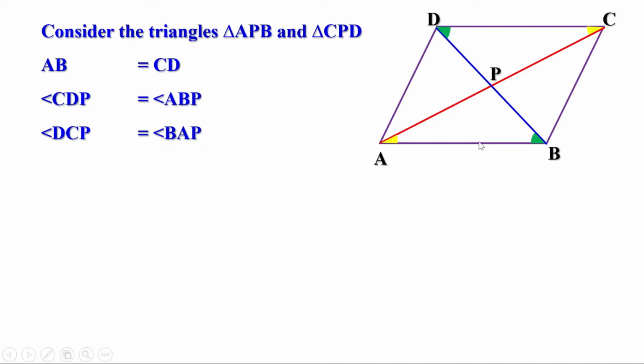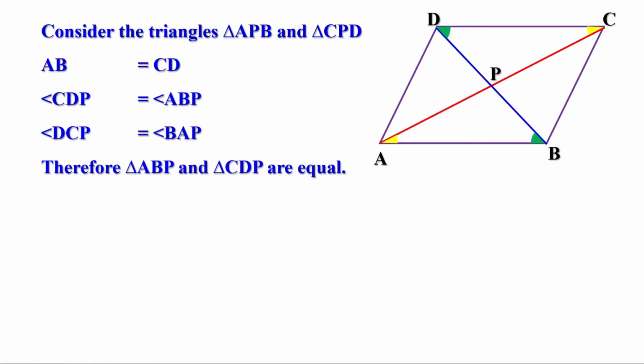Now, this side and the two angles at the ends are equal to this side and the angles at the ends. So, these two triangles are equal. That is, triangle APB and triangle CDP are equal. Therefore, the sides opposite to equal angles are equal. These two are a pair of equal angles.